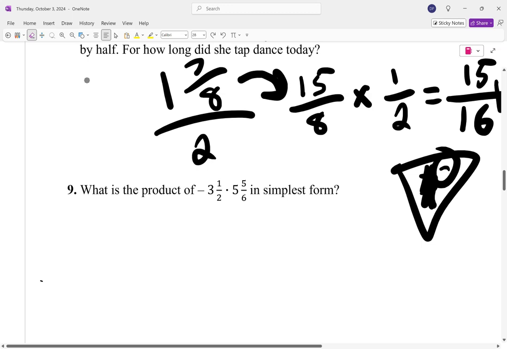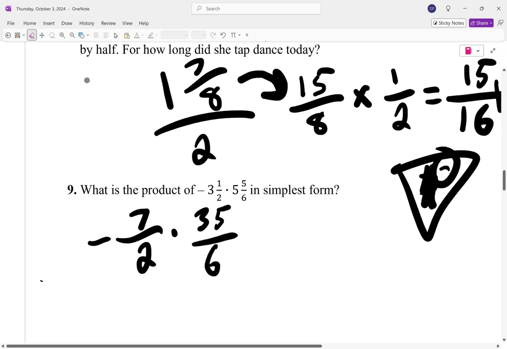So 3 and 1/2 turns into 7 halves. Negative 7 halves times 35/6. Can anything reduce?